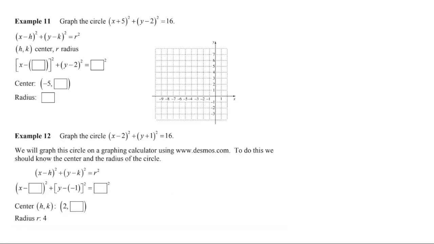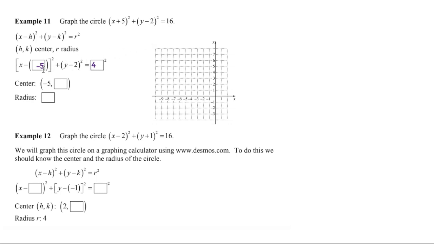Let's graph the circle x plus 5 squared plus y minus 2 squared is 16. Thinking about what our standard form looks like, I can pull information from this equation. I can rewrite x plus 5 in subtraction form by saying x minus negative 5 plus y minus 2 is equal to 4 squared.